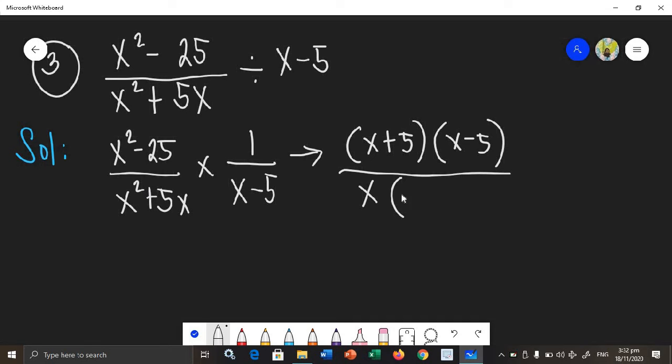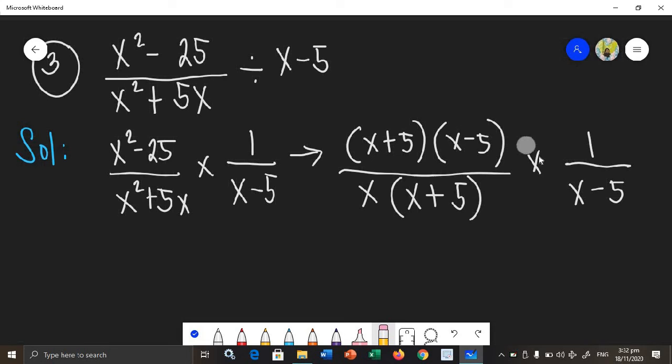So x squared divided by x, that is x, and then copy the sign, plus 5x divided by x, the answer is 5. Okay, 1 is already factored out. Over also x minus 5, we just write it because they are already in simplified form.